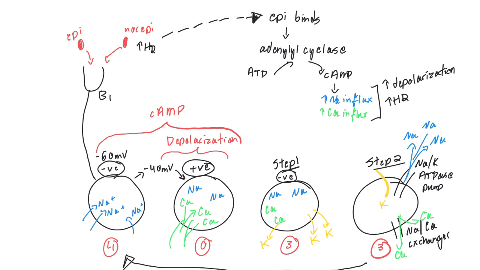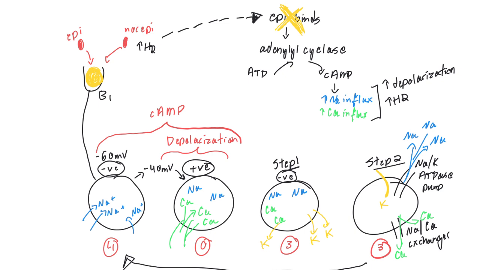Now, what if you took a beta blocker? If you took a beta blocker, I'm going to block this beta-1 receptor with a yellow beta blocker. Epinephrine cannot bind. So back in my flow chart, I'm going to cross out epinephrine binds. That's not happening with a beta blocker.